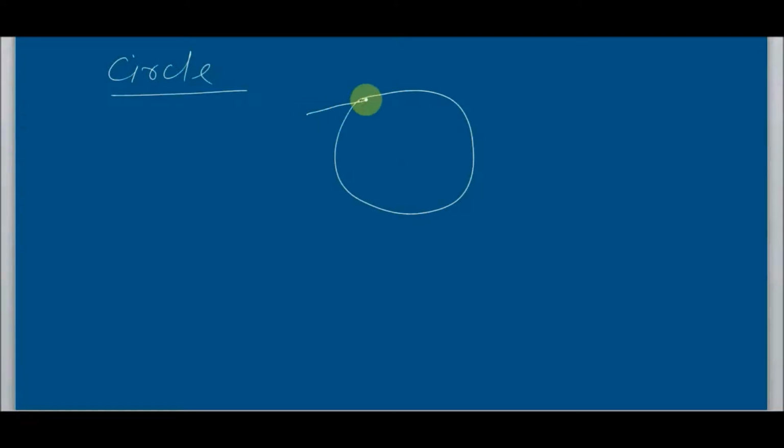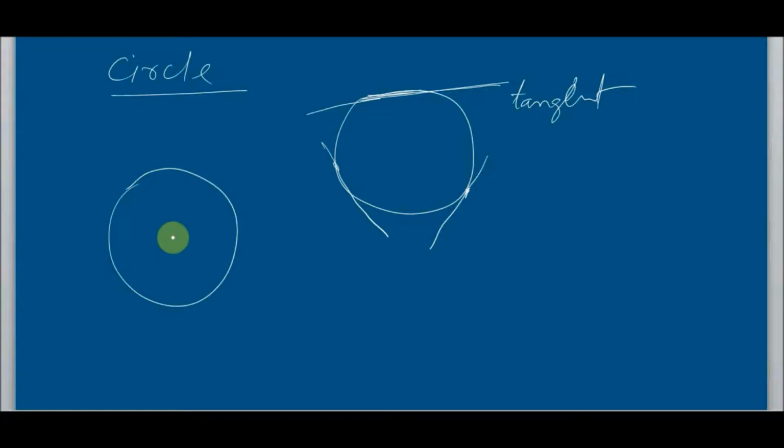If I draw a line just touching the circle, like this, it will just touch the circle, so it is called a tangent, right? And this is called the center.